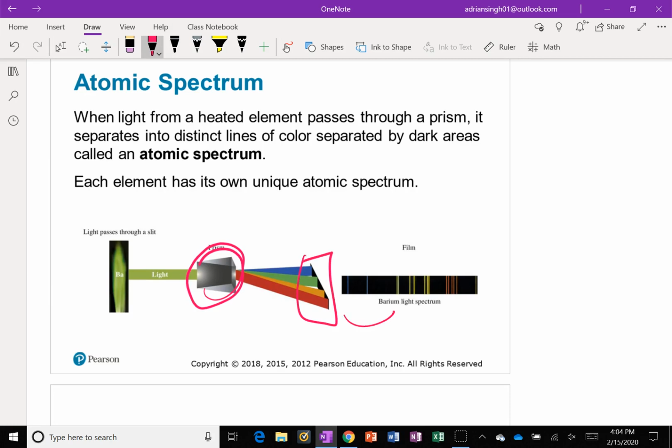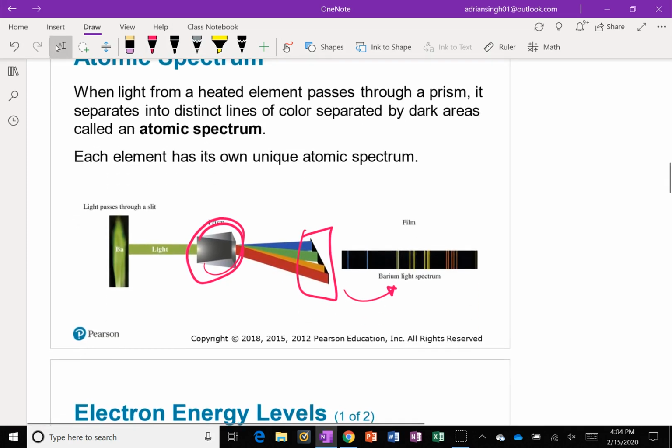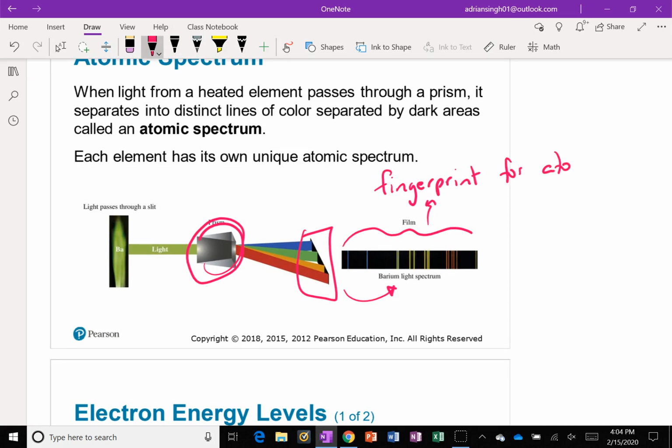And we can see those colors shown here for that particular sample or atom in what's known as an atomic spectrum. And you can think of that spectrum, these lines here, as sort of like a fingerprint for that atom. In this case, it's barium. And we can use it to identify what that particular atom is.